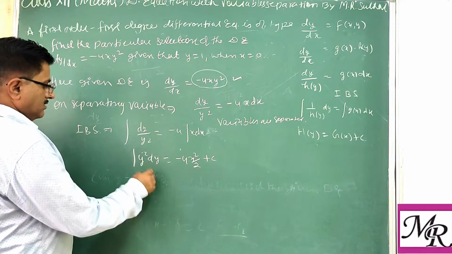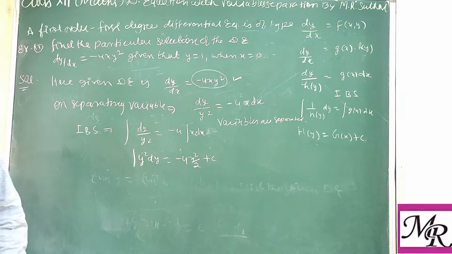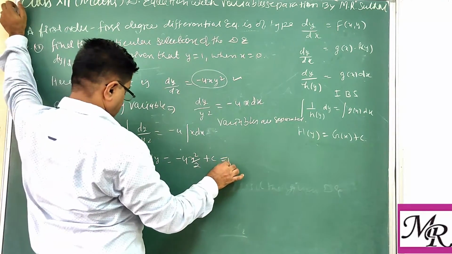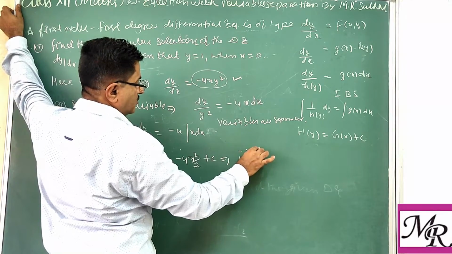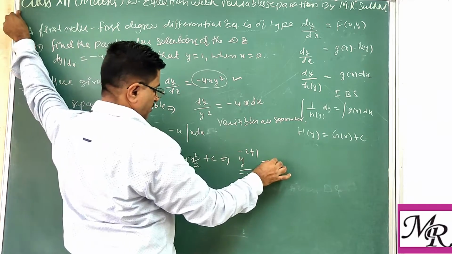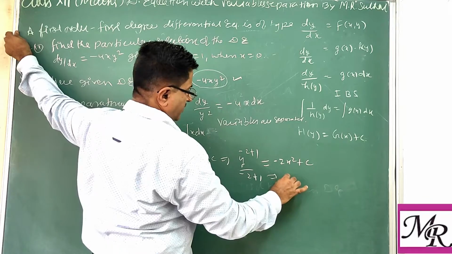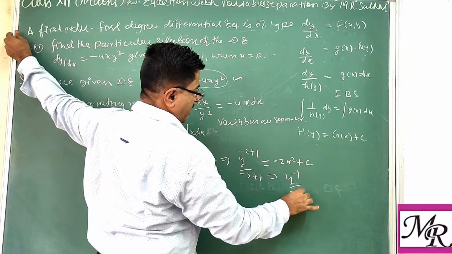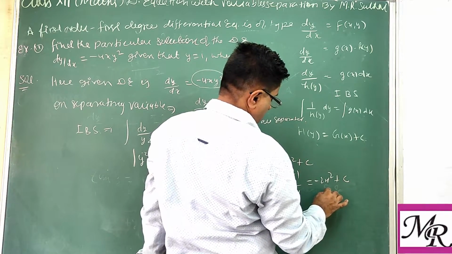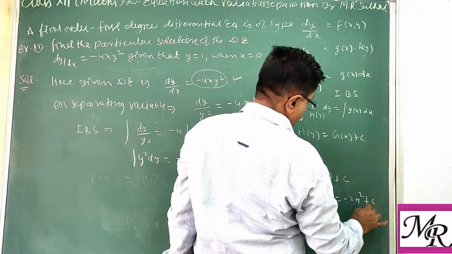Using the formula for x power n, we may write y power minus 2 plus 1 upon minus 2 plus 1 equals minus 4 divided by 2, that is minus 2x square plus c. So finally we get y power minus 1 upon minus 1 equals minus 2x square plus c, or minus 1 upon y equals minus 2x square plus c.